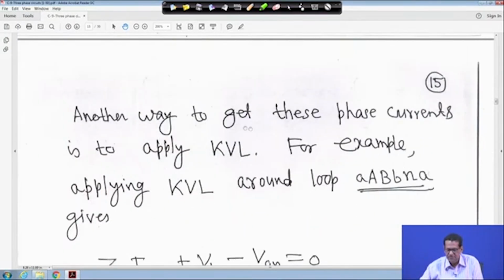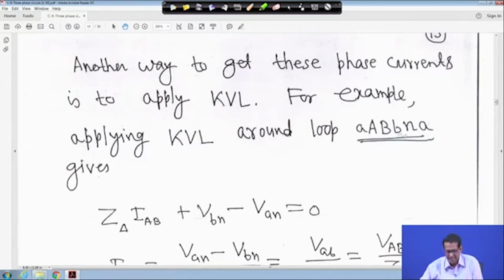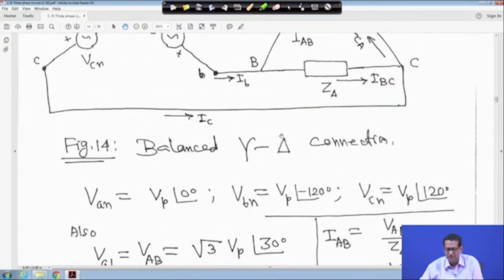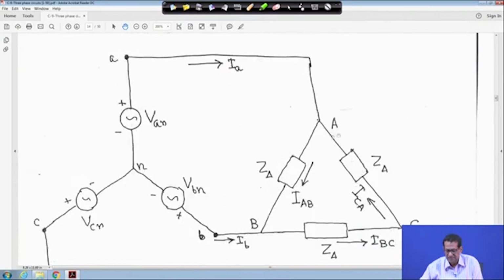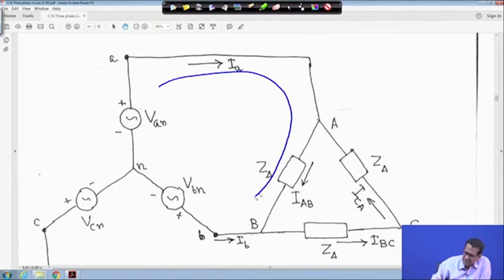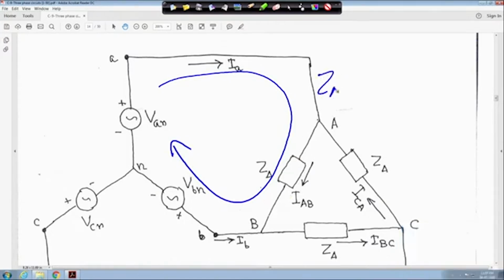Now, another way to get these phase currents is to apply KVL, for example around the loop A, B, B, A, N, A. If you apply KVL in this loop, coming around like this, we have Z delta times IAB, then encountering the plus terminal first, plus VBN, then minus VAN is equal to 0.